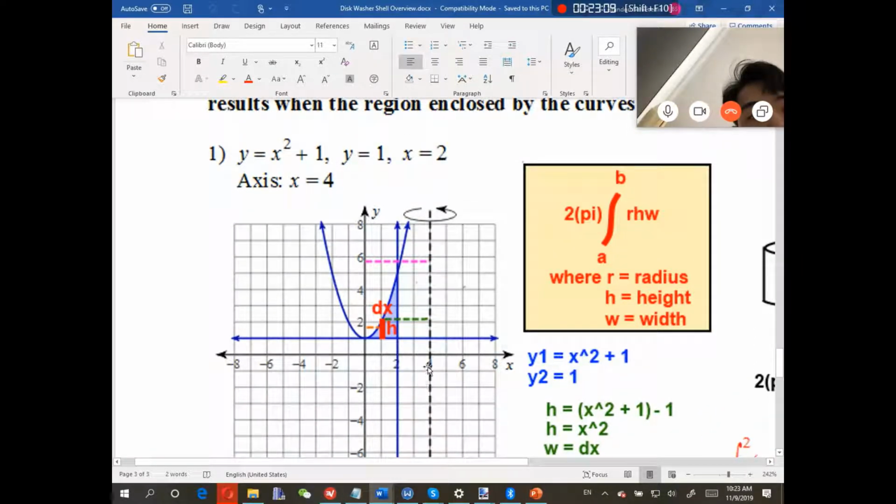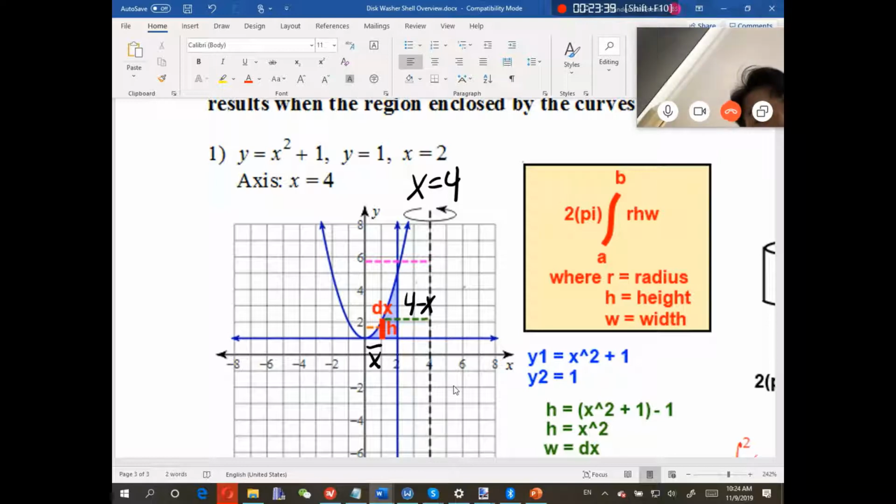Oops. Sorry, that axis isn't 2. That axis is x equals 4. Okay, let me go back. This is x equals 4. This is x, our distance to our box right now. So that means that this green line is really 4 minus x.